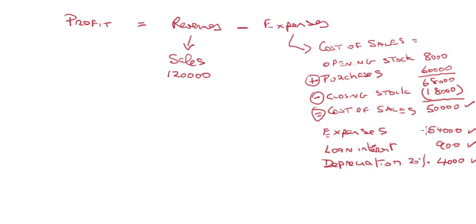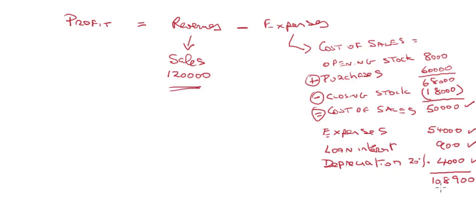So we've got 50,000, 54,000, 900, and 4,000. So the total of the expenses is 108,900. So there's our sales over here, and here are the various expenses.